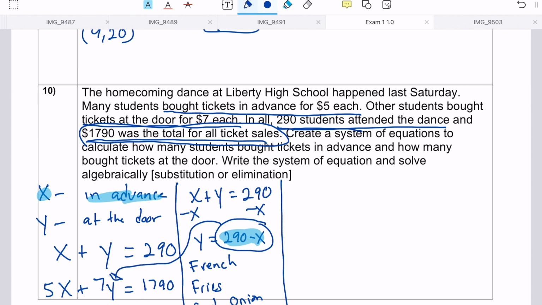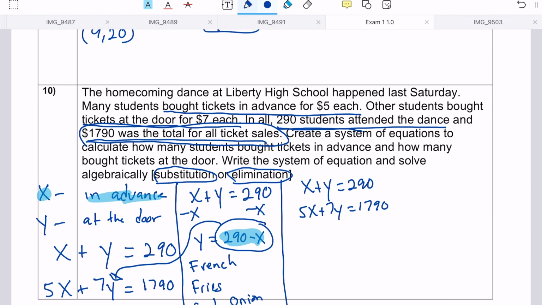Now let's say you didn't like substitution because the problem says to do substitution or elimination. I find students like elimination more, so let's try elimination. So we have X plus Y equals 290. 5X plus 7Y equals 1790.